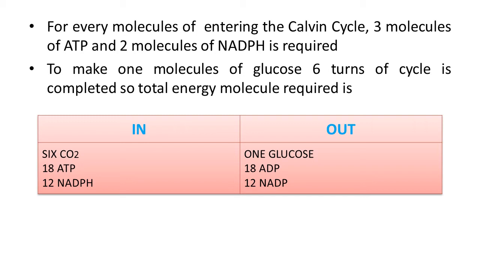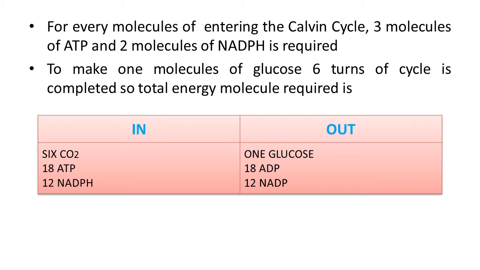First, here 6 carbon dioxide molecules are utilized for formation of 1 molecule of glucose. Against it, output is 1 glucose. So when 6 carbon dioxide molecules are utilized, 1 molecule of glucose is formed.